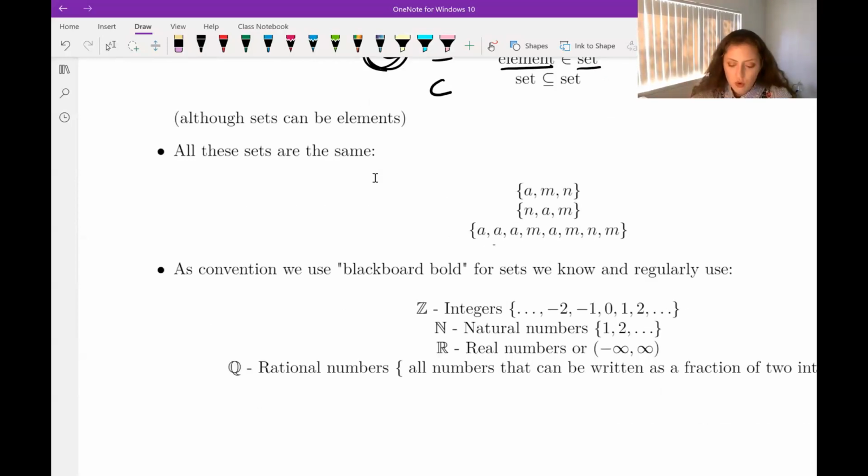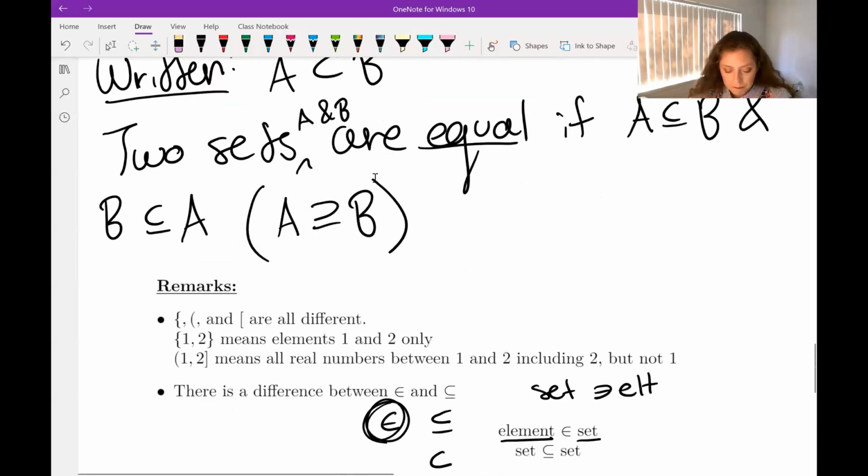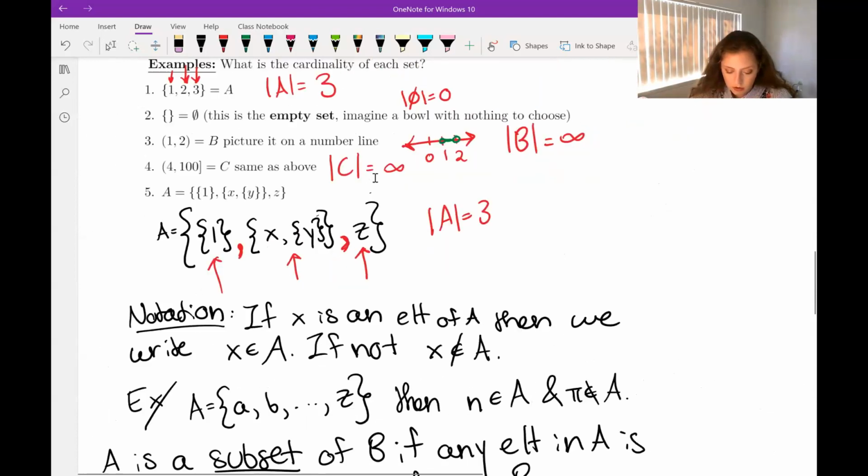Ooh, I might not have clarified that with cardinality. Let's take a look.